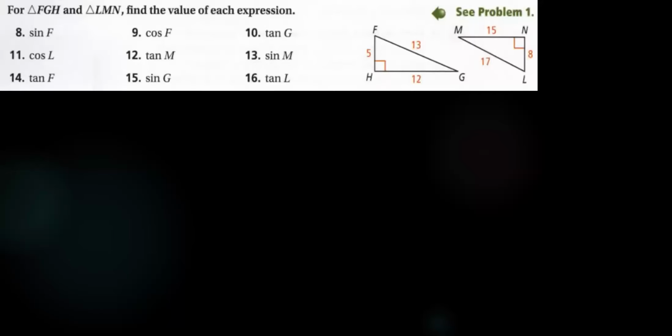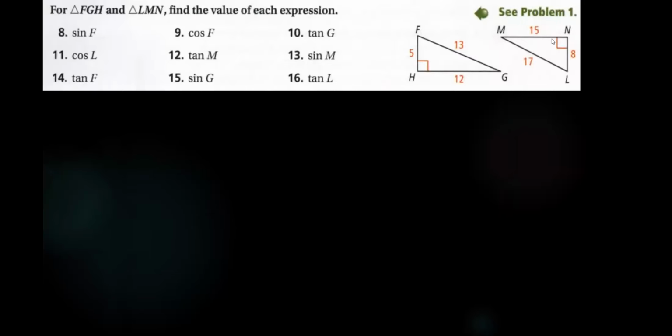Now, for the triangle FGH and LMN, find the value of each expression. Number 8. Let's solve now number 8. Sine F. First of all, let's draw here the triangle.